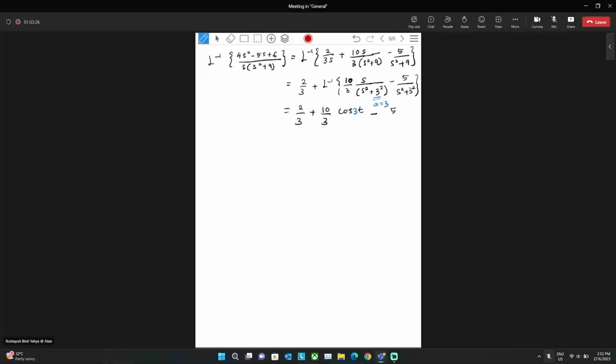Can we straight away use this equation or do we need to modify? We need to modify the inverse Laplace transform of, okay, a is 3, so it must be 3 here.